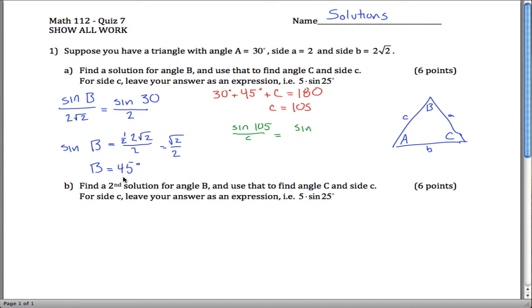Let's see, what would be easiest? Maybe the A's, because here you get a 2 root 2, here you just get a 2. So let's say it's got to be the same as the sine of 30 divided by 2.